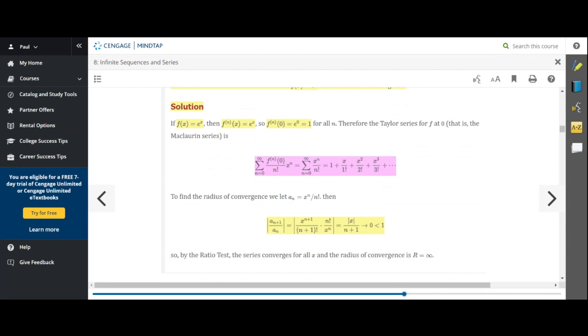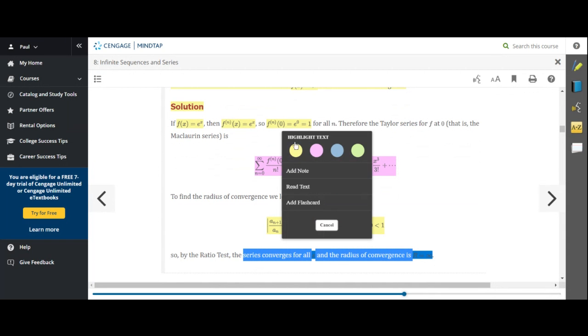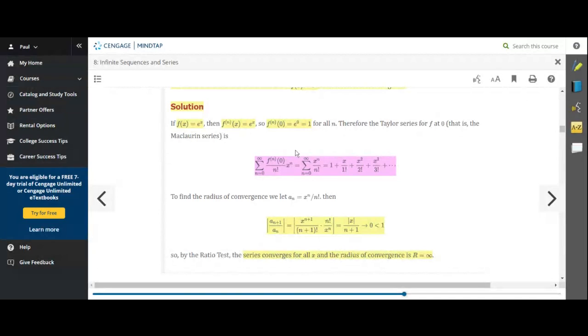In this case, that ratio reduces to the absolute value of x over n plus 1. As n goes to infinity, that ratio approaches 0, which is always less than 1. So by the ratio test, this series converges for all x, and the radius of convergence is r equals infinity.